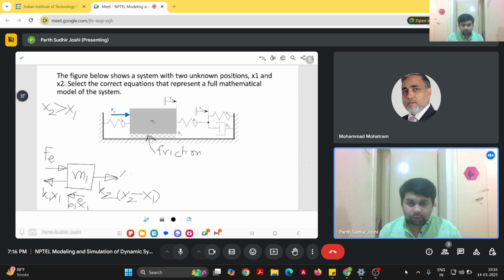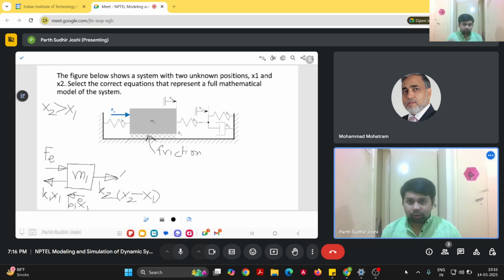Now the second part of the system is the system variable x2 which we are dealing with. Here it is just a junction. There is no mass actually present at that point, so we can just consider it as a junction.